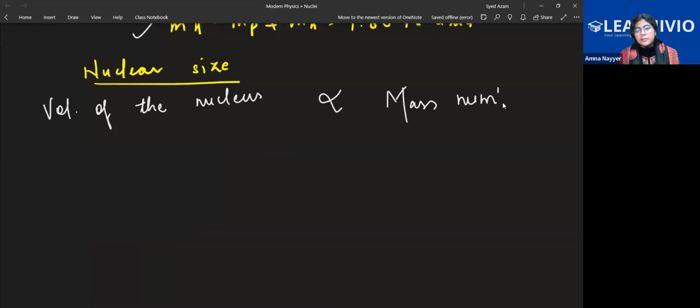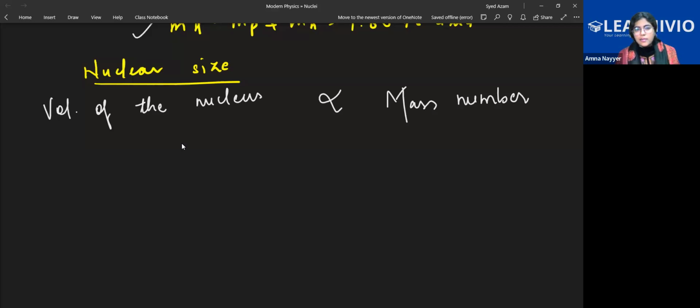So what's the volume of a sphere, Mariam? 2 pi r. 2 pi r is the circumference of a circle. Volume of a sphere? Pi r square. That is the area of a circle.